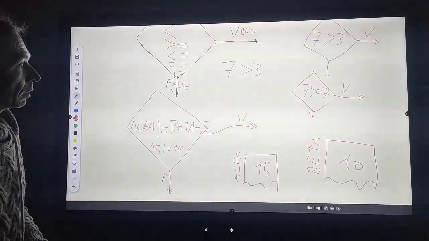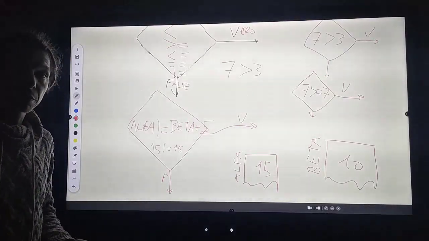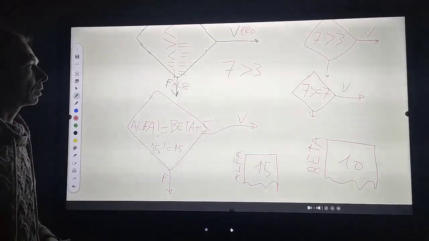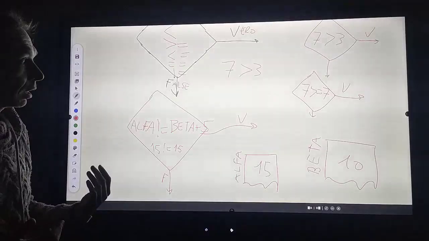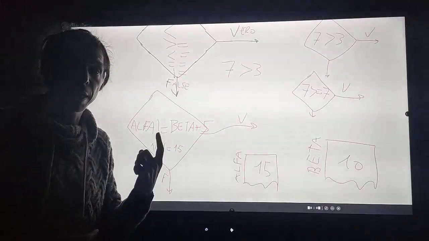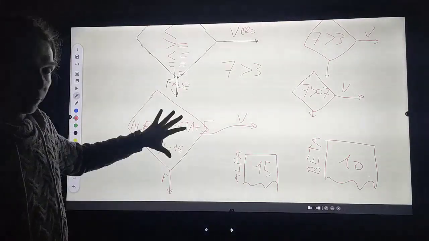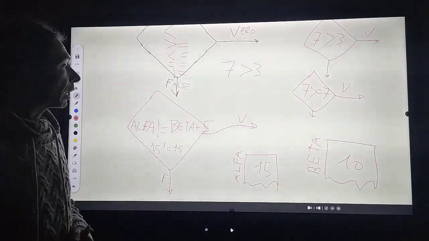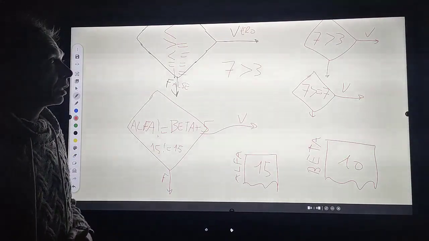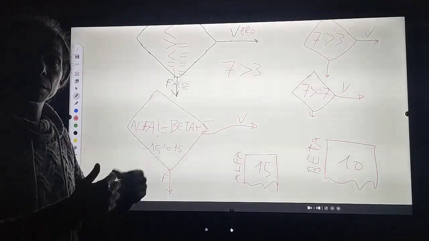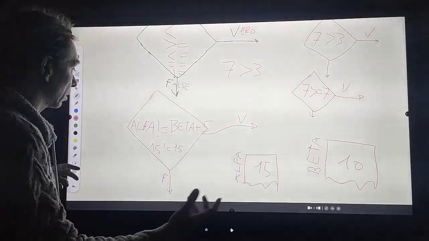Okay. There are no other shapes except for arrows, which, as I said before, there could be just one arrow exiting from any shape, except for the rhomb. But I also can have many arrows coming to a shape.